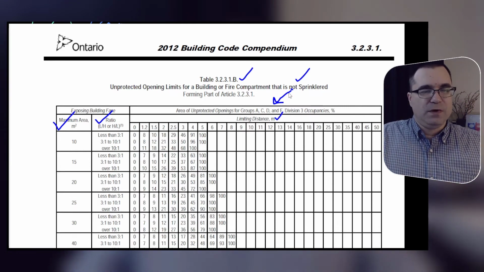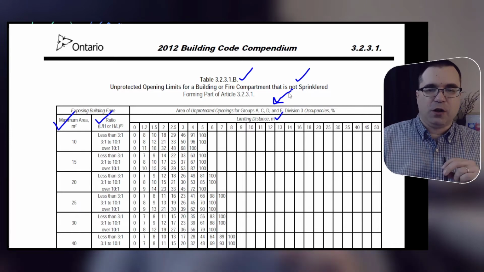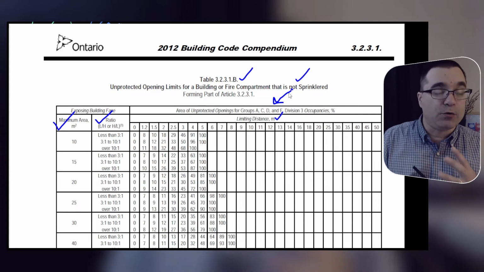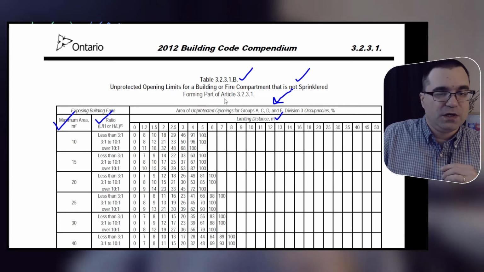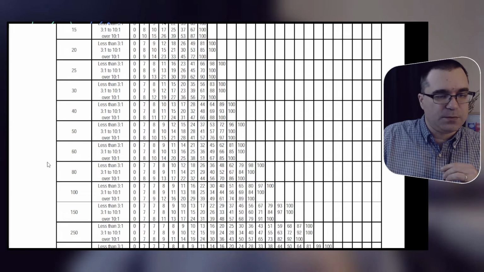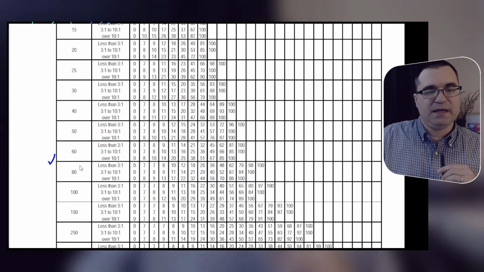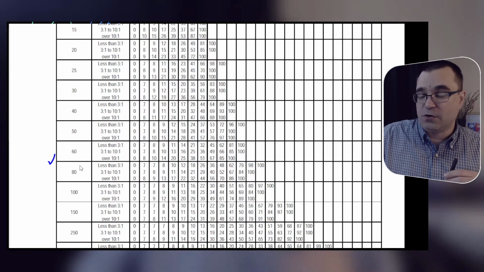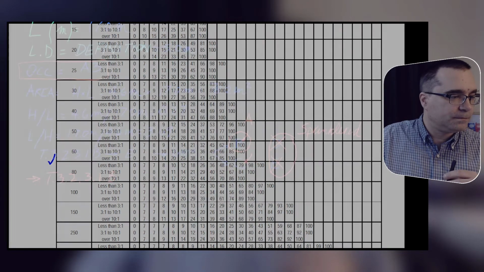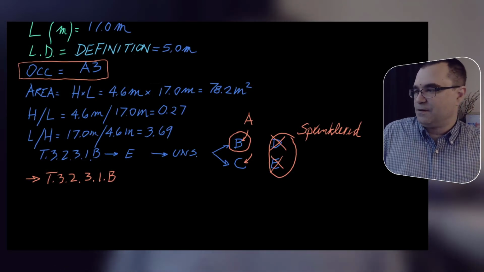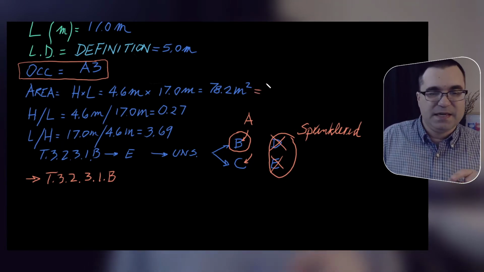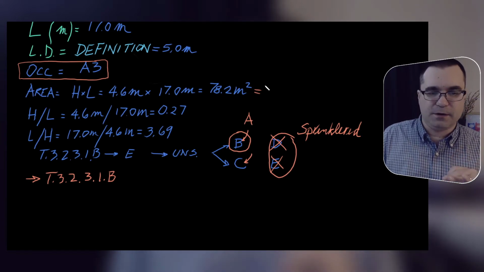Okay? So let's start with the area, the first column, the leftmost column. What we have to do is figure out where our area, 78.2 square meters, falls. Well, 78.2 square meters is somewhere between 60 and 80 square meters. It's one or the other. So what do we use? Here, for the area, we always round up, because this is the minimum area we're using.